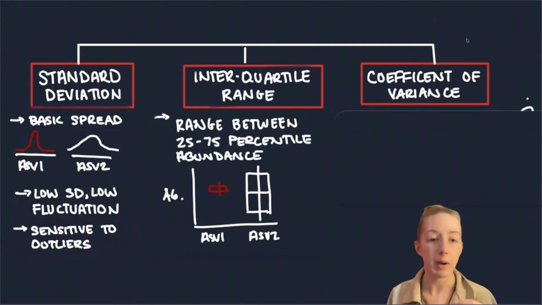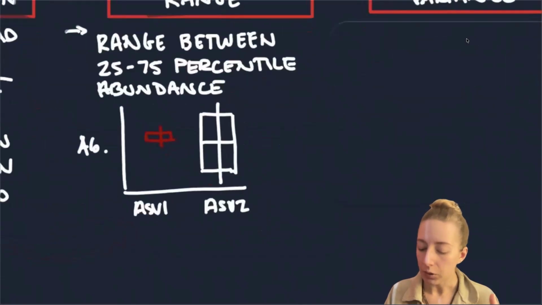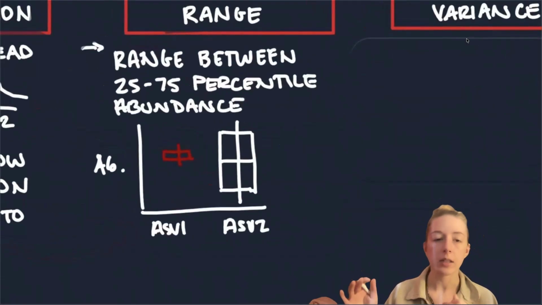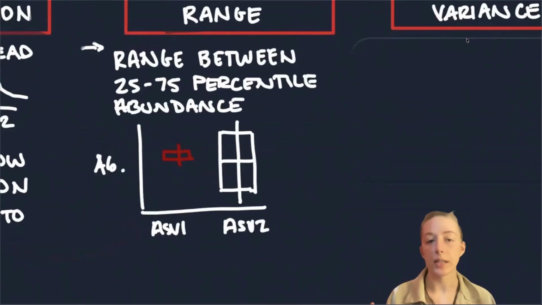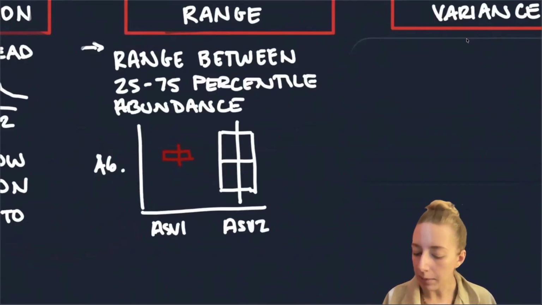Things that don't vary will be removed. So another metric is this interquartile range you can apply, which is looking at the 25% to 75% percentile abundance. And so things that have very little variation will be removed compared to things that have a lot of variation.